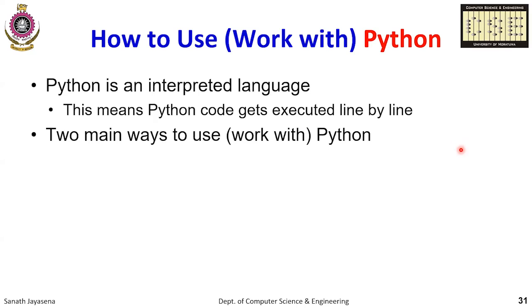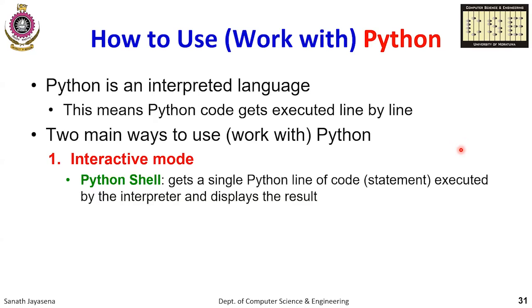There are two main ways to use or work with Python, as you learn to program. One is called the interactive mode, where you interact with the Python shell. A Python shell is basically a kind of interface that you have with the Python system.